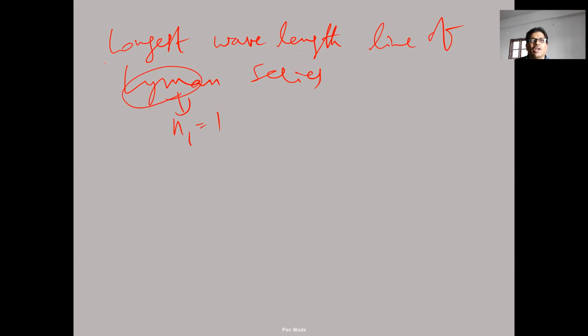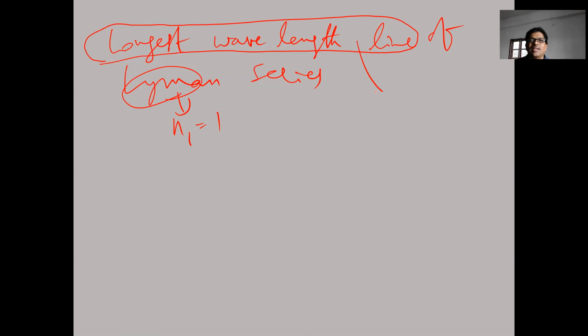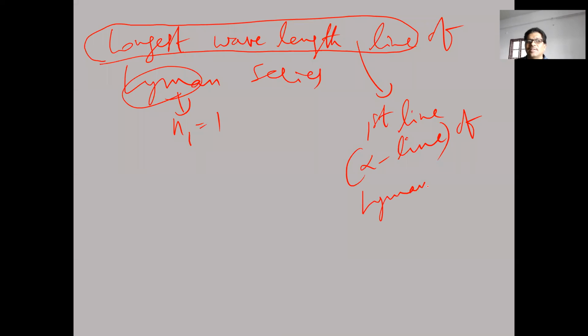And longest wavelength line means we have to imagine the first line, alpha line. The first line has the longest wavelength. So the first line, which is also called alpha line, of Lyman series.